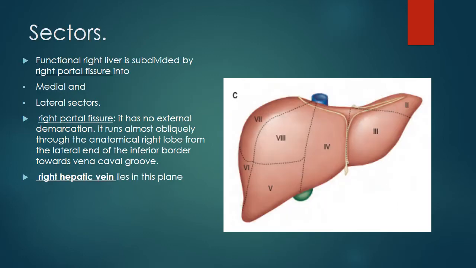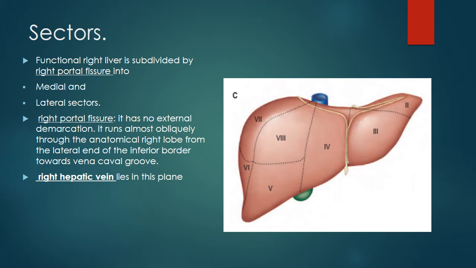Then the right and left functional lobes are further divided into sectors. The functional right liver is subdivided by the right portal fissure into medial and lateral sectors. Now, what is this right portal fissure? The right portal fissure has no external demarcation.